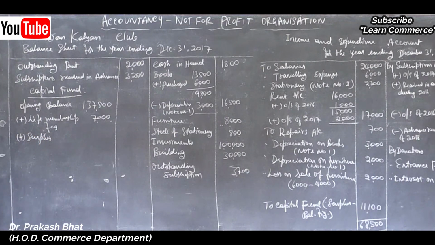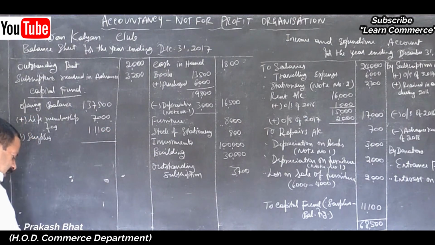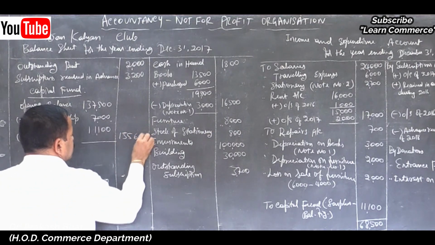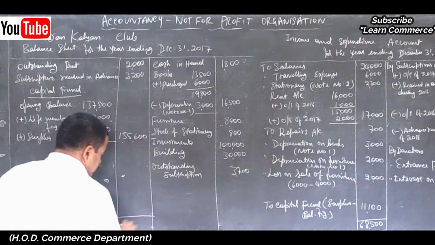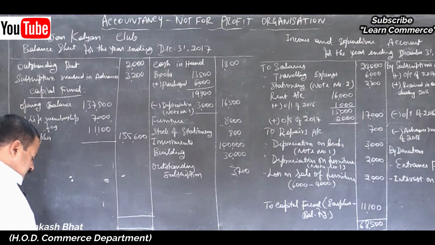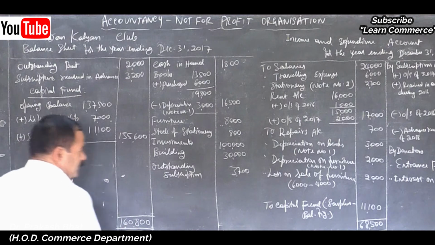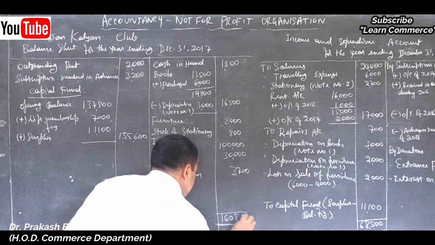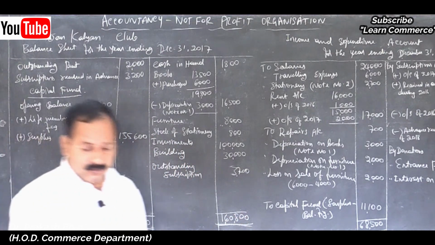Refer to your income and expenditure account, 11,100. That's all. Add it together, place it in the outer column, 155,600. So the total is 1,60,800. Yes, it agrees. 160,800. That's all.